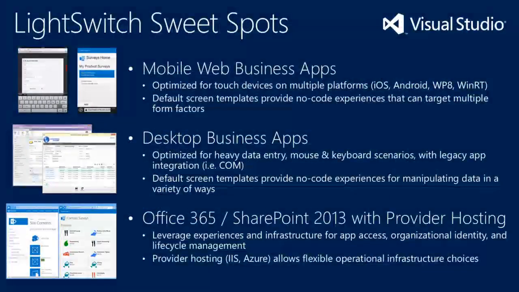So these are the sweet spots, the types of applications you can build with LightSwitch. LightSwitch was first released in July 2011, and we were targeting the desktop business apps. That's still a target. They're optimized for your heavy-duty data entry, legacy app integration via COM kind of stuff. It sits on the desktop.